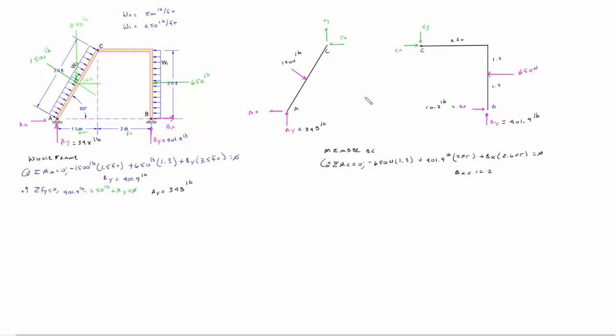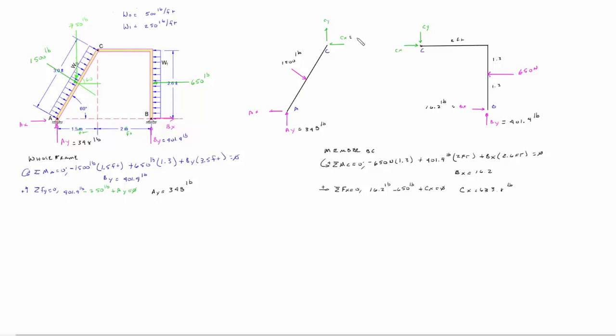So by looking at this, I know CX is in the correct position, so if I sum my forces in the x, I'm going to have 16.2 pounds minus 650 pounds plus CX is all equal to 0. So CX then comes out to be 633.8 pounds.